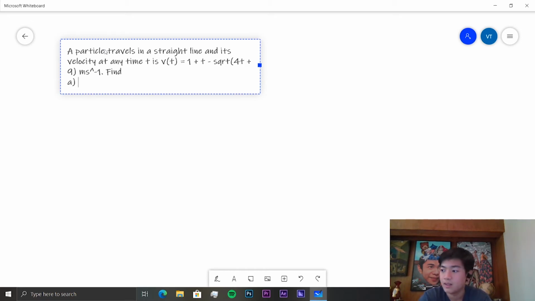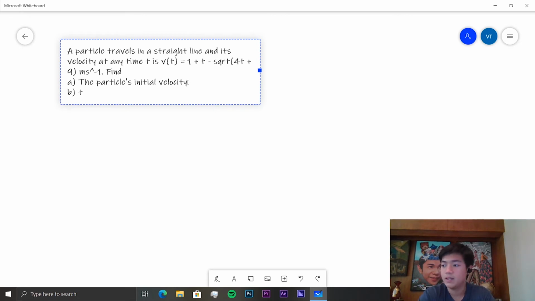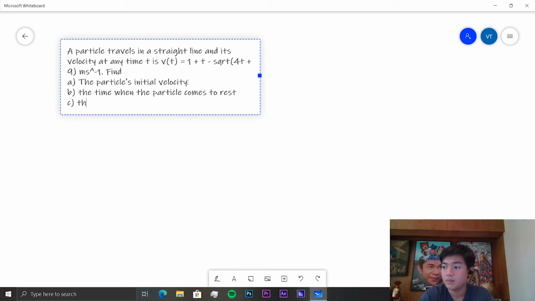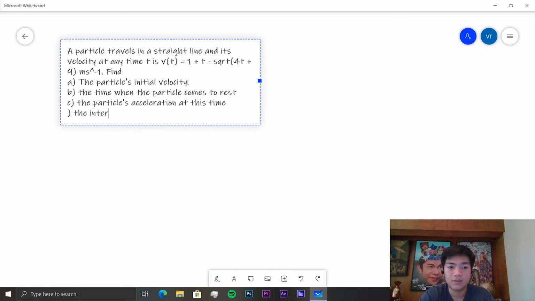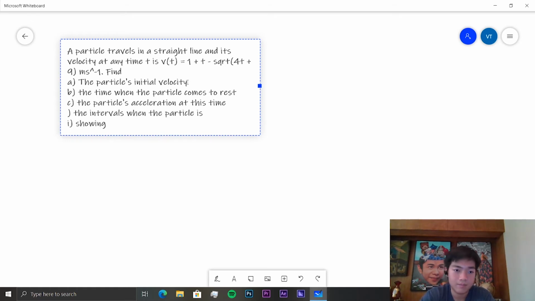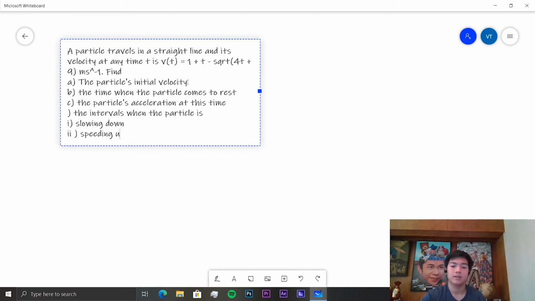Find the particle's initial velocity, the time when the particle comes to rest, the particle's acceleration at this time, and the intervals when the particle is slowing down and speeding up.